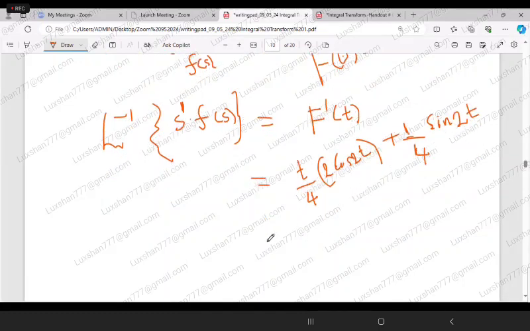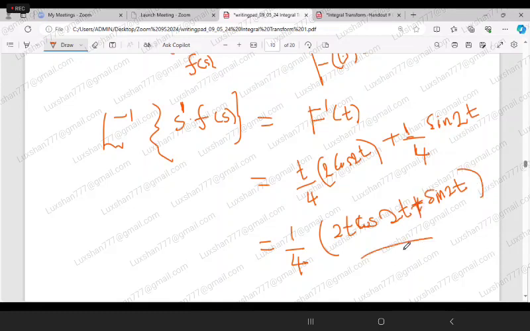Therefore, if you take 1 over 4 out, that comes as 1 over 4 of (2t cos 2t plus sine 2t). That is the answer.